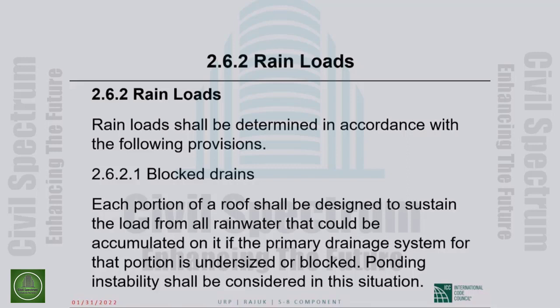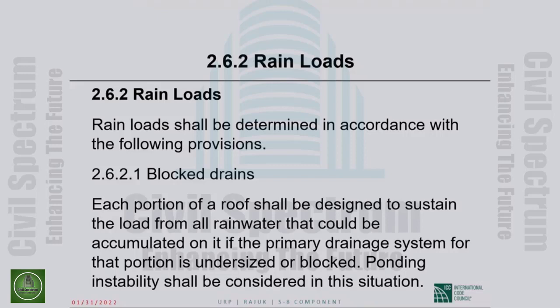I'll read again. Each portion of a roof shall be designed to sustain the load from all rainwater that could be accumulated on it if the primary drainage system for that portion is undersized or blocked. Ponding instability shall be considered in this situation.